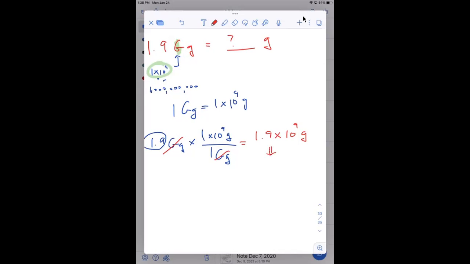Round up, so this becomes 2 times 10 to the ninth grams. You see the uncertainty though? If you look at 2 times 10 to the ninth versus 1.9 times 10 to the ninth, that's a huge difference. So the uncertainty increases as you decrease the number of sig figs.